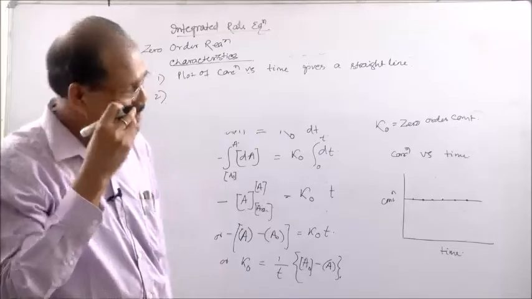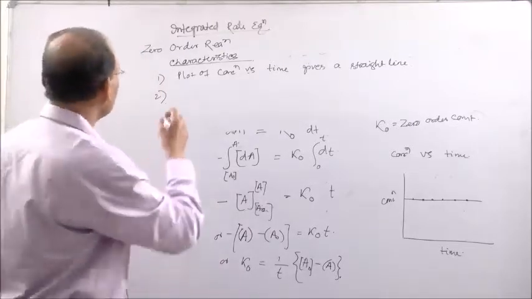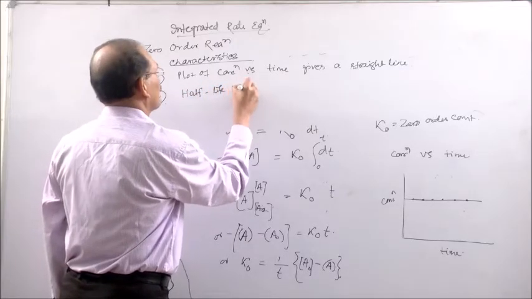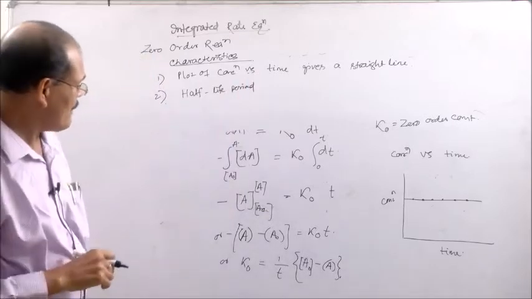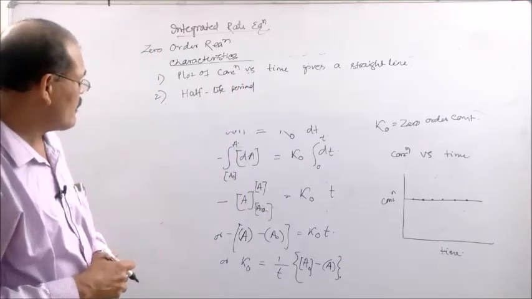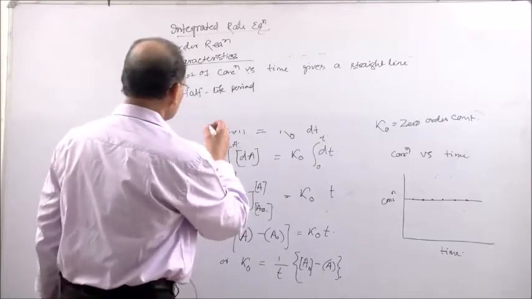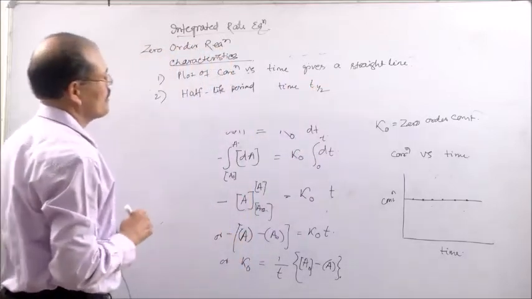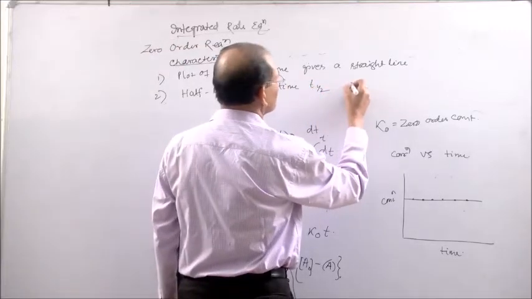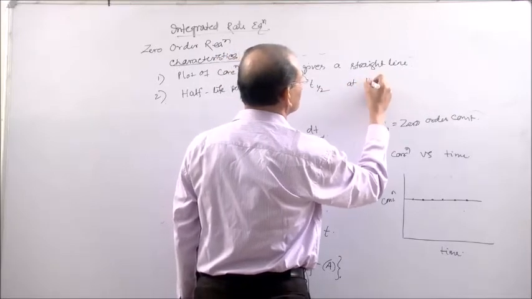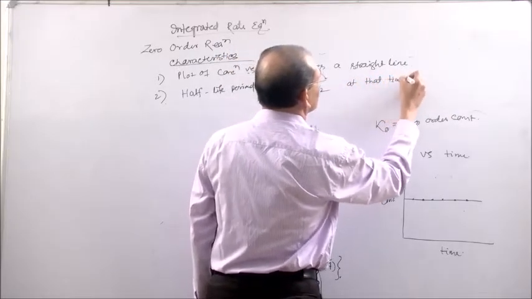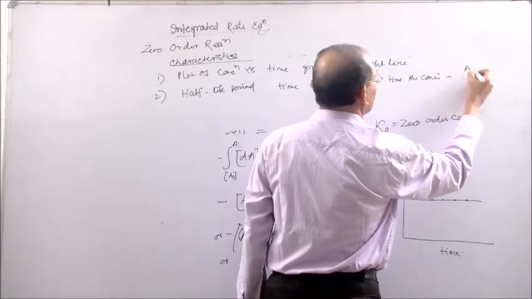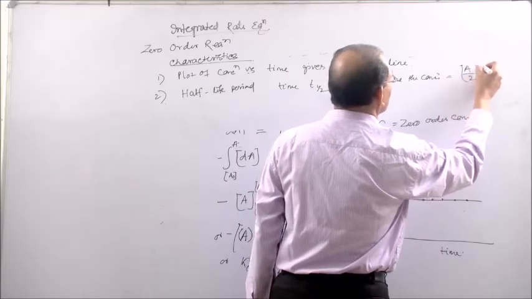The second point is considering the half-life period. What is half-life period? Half-life period is the time taken to reduce the concentration to its half. That means if the time is t half, the concentration is equal to A0 by 2, half of the amount reacted.